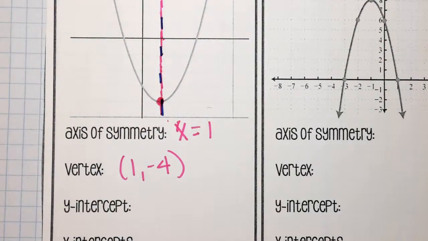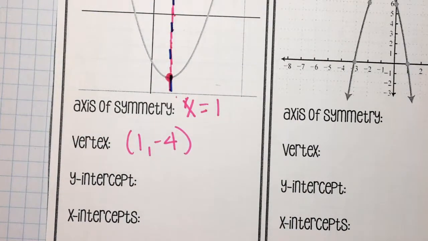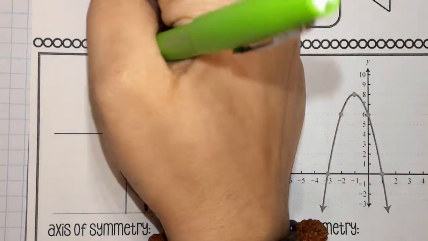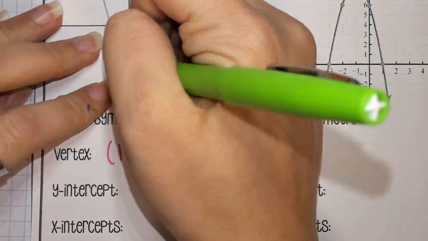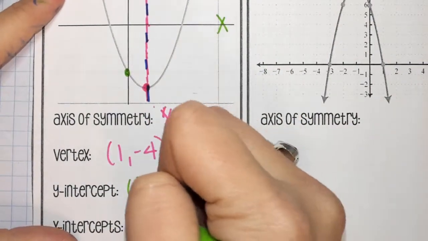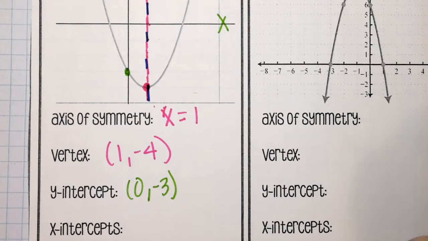Alright, now, where does it cross the y-axis? So this is x, this is y, and where does it cross the y-axis? Negative 3. So we wrote on the front that it's always 0 and then a number. Is everybody with me?